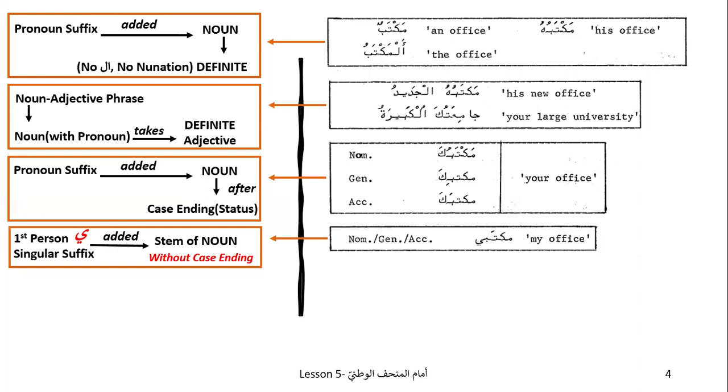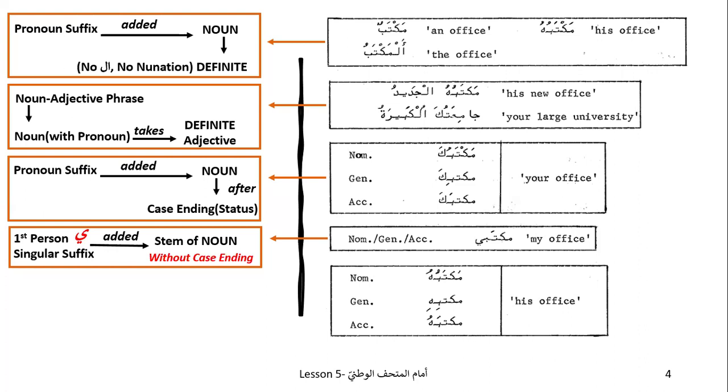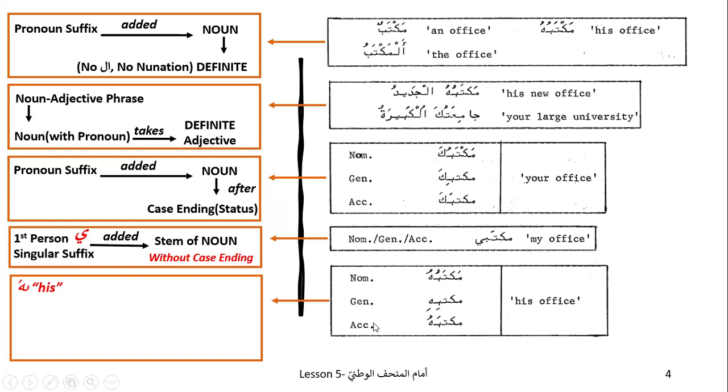Another thing you see here is maktabuhu and maktabahu. But over here, it is maktabihi. Why is that? Because hu, which means his, has a dhamma. It is usually hu.